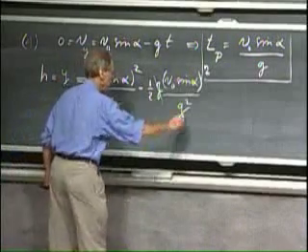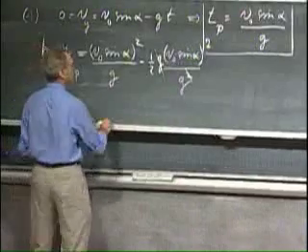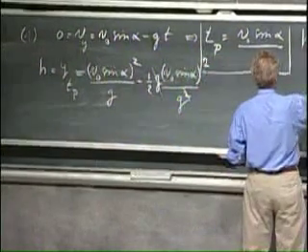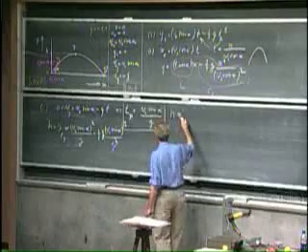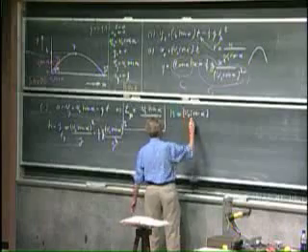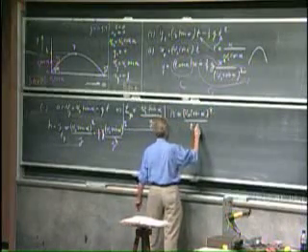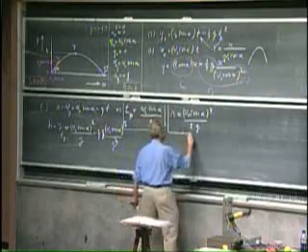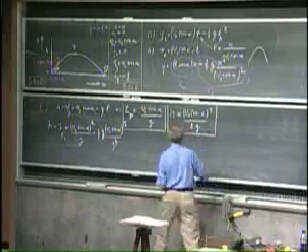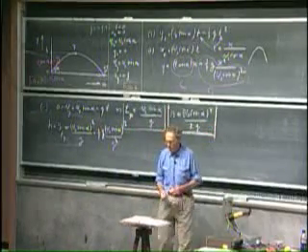You lose 1g, and you will find then that the highest point in the sky equals v0 sine alpha squared divided by 2g. That is the highest point. Let's give that some color because we may want to keep that.